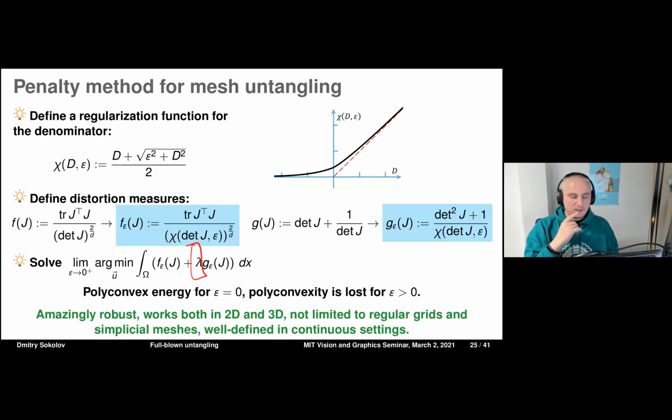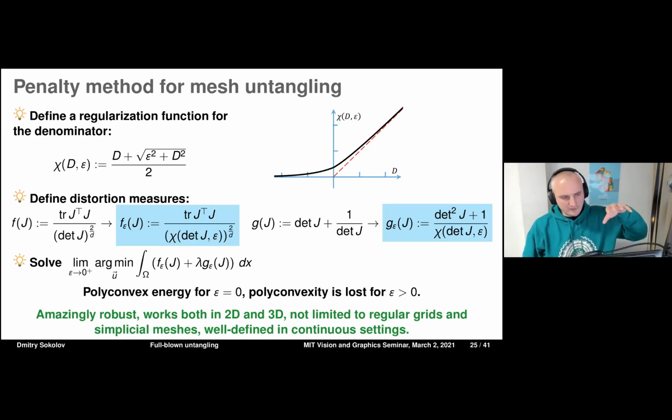F and g are not convex. Those are polyconvex functions. Polyconvex is a generalization of convexity. It means that these are not convex, these are polyconvex. It's a weaker notion. It means that there exists a convex function of minors.